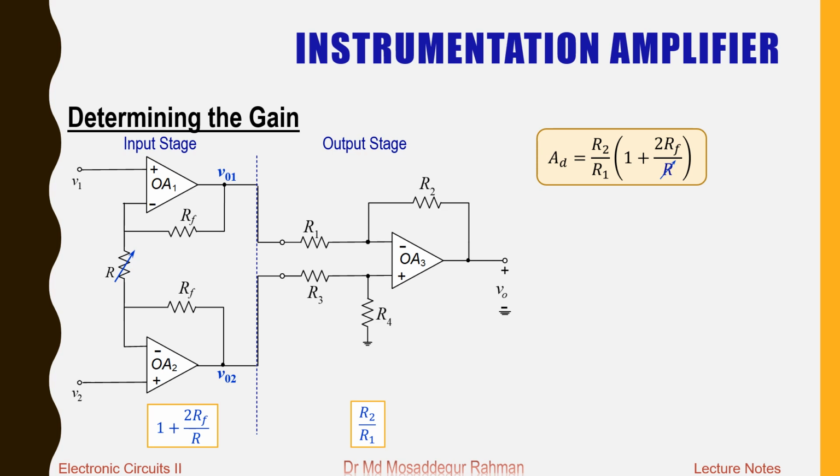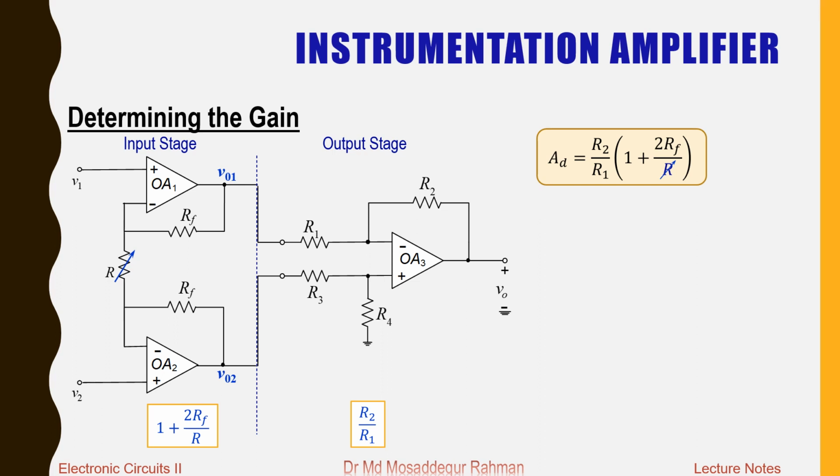So we have successfully solved all the three problems that the basic difference amplifier suffers from: the low input resistance, low gain, and the difficulty in varying the gain. But one small problem remains with this modified circuit, and what is that?